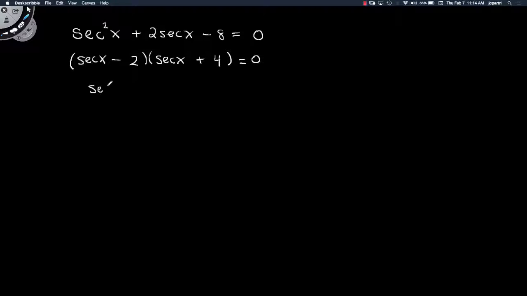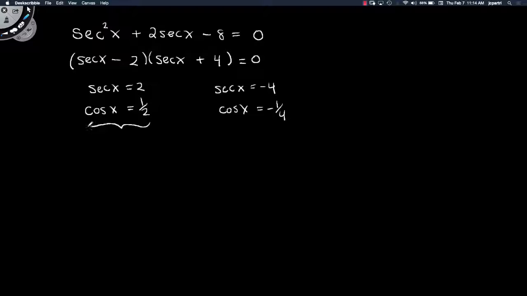So the secant of x equals 2 is one equation, and the secant of x equals negative 4 is the next equation. So cosine of x equals 1/2, and cosine of x equals negative 1/4.